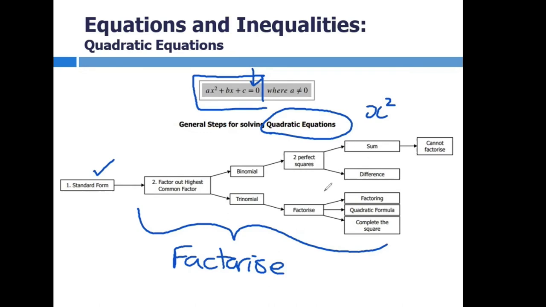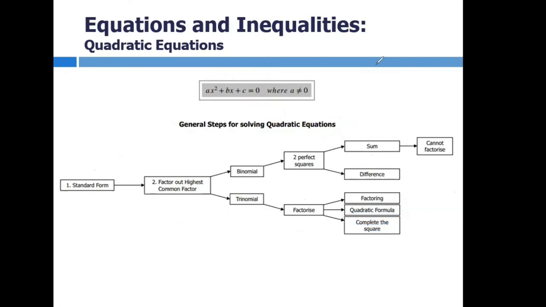And if it's a trinomial, it's your quadratic formula. Well, not your quadratic formula, you guys don't know that yet. But here you're going to do either your grouping method that we showed you, but this is basically when you get it into 2 brackets. So that's what this diagram is for.